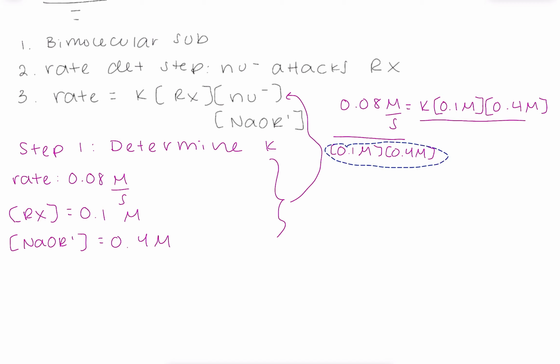We do the same thing to this side, which allows them to cancel out, and we get K on one side. When we divide 0.08 by 0.1 times 0.4, we get 2, and one of the M's will cancel out, leaving 1 behind.